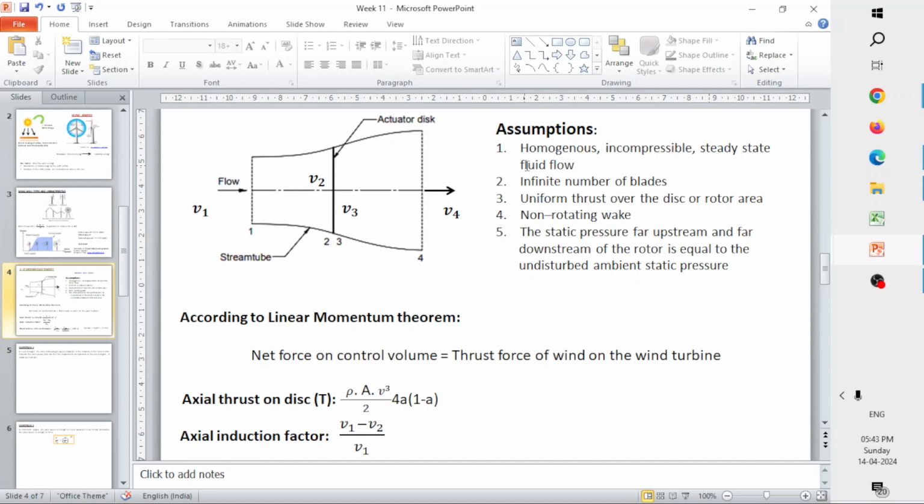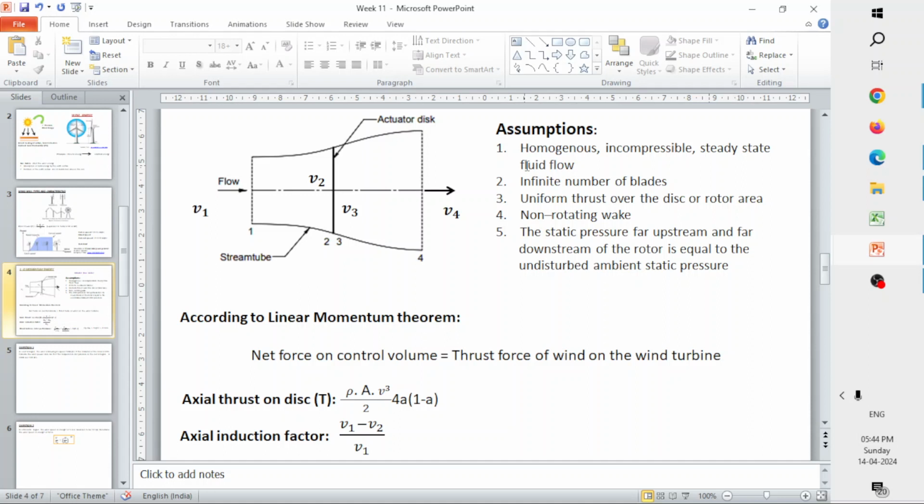So as the wind passes through the airfoil, there are chances of wake formation, and that wake formation can be of two different types. One is the non-rotating and another one is the rotating. So we assume that the wake that is actually formed in the air near the airfoil section is non-rotating in nature.